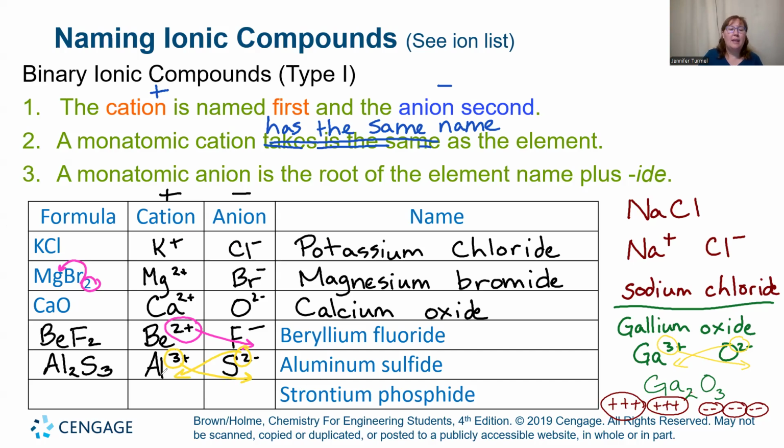And the last one on this page is I have strontium, Sr, and it's a 2 plus, and phosphide is a P3 minus. Okay. And when I bring those down as well, this becomes Sr3P2. Okay. And so that's how you go from formulas to names and back again for your binary ionic compounds.